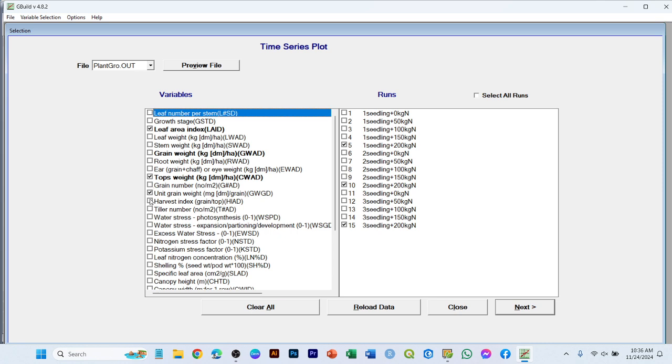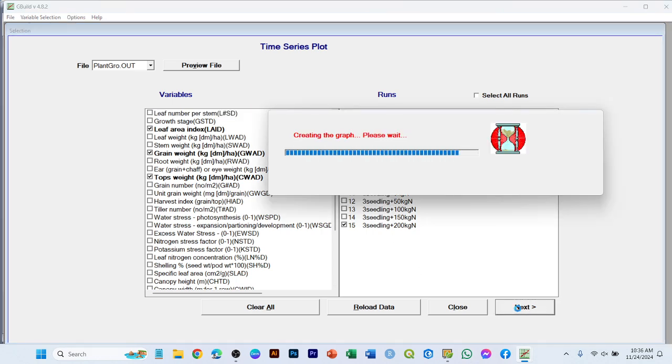Okay, this one. This is yield basically. This is unit grain weight. This one, individual grain. And I think we don't have to count this one. So we have to count yield, leaf area index, and tops weight, meaning total dry matter in kg per hectare. So again, if you go to this one, then this is the true picture.